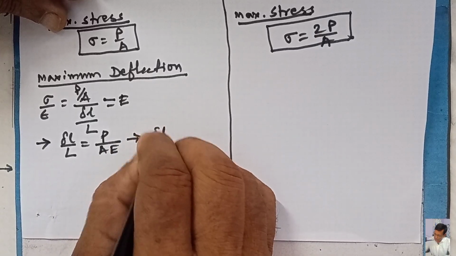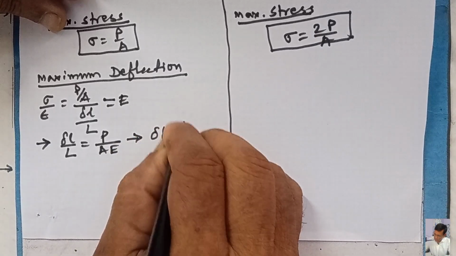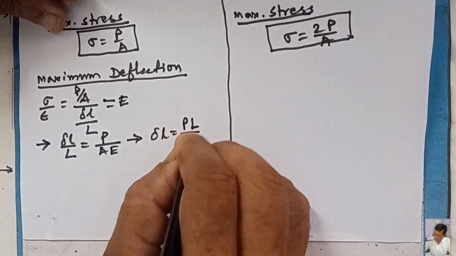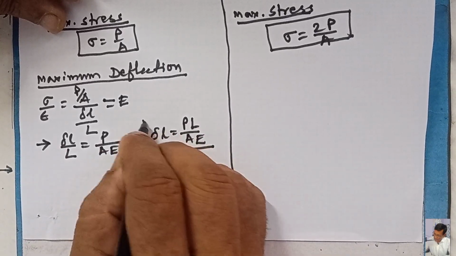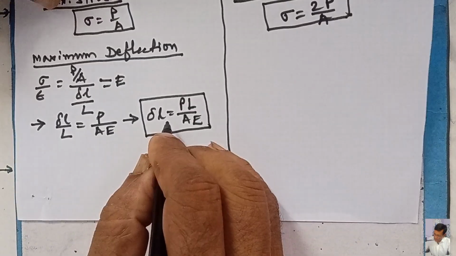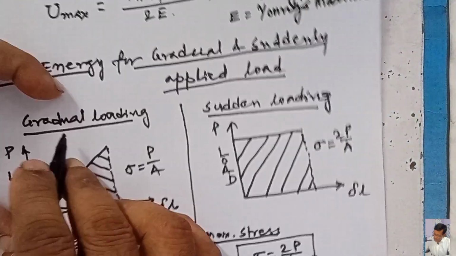So del L is equal to PL by AE. So this is maximum deflection in case of gradual loading.